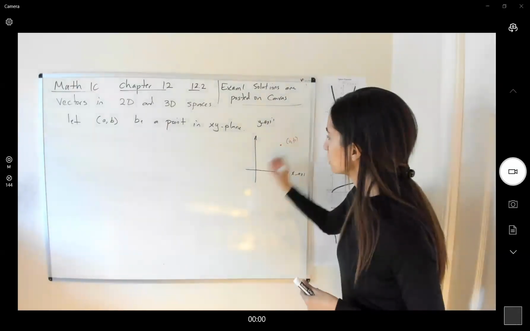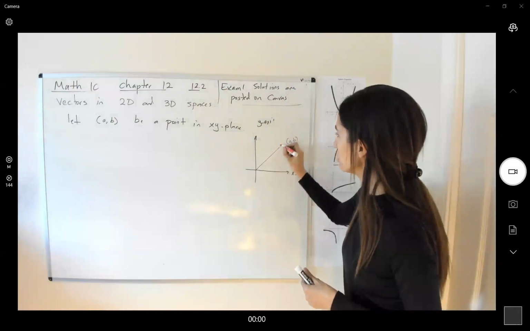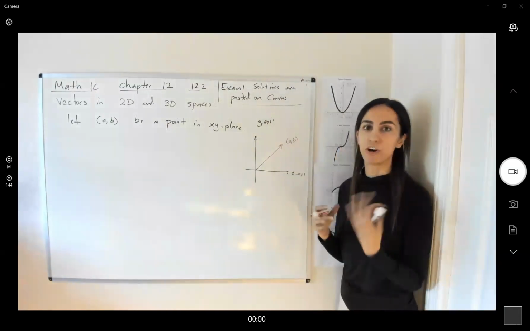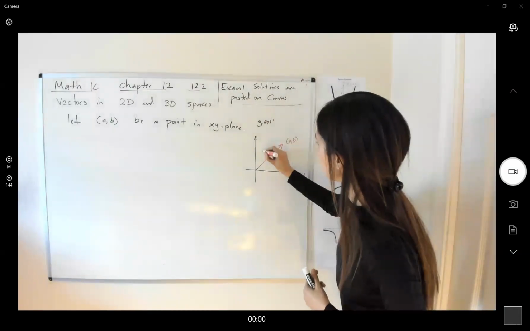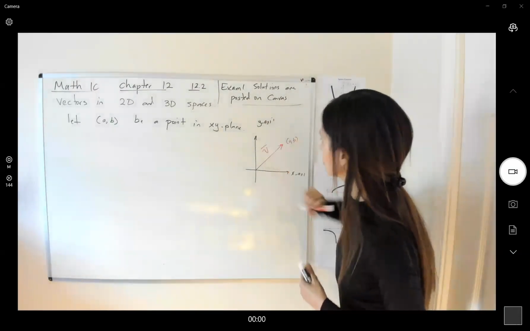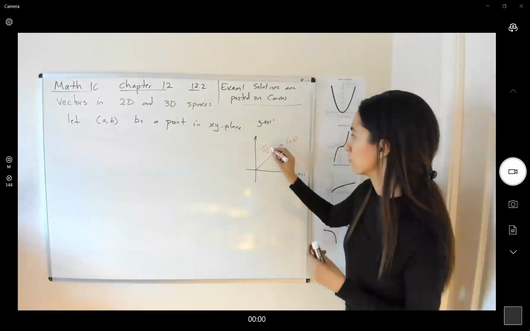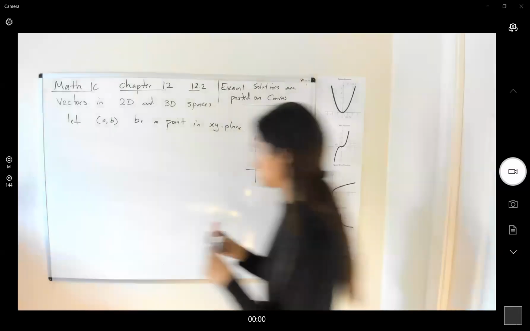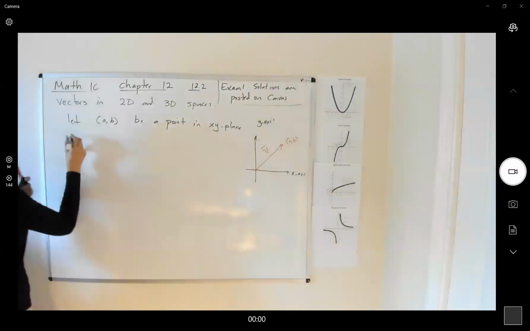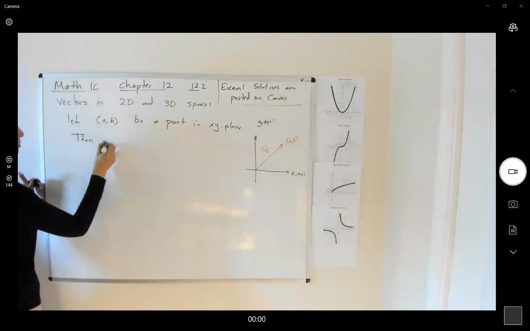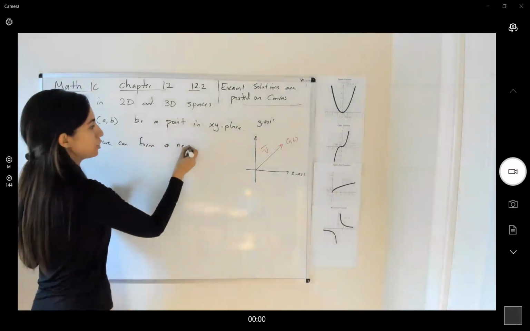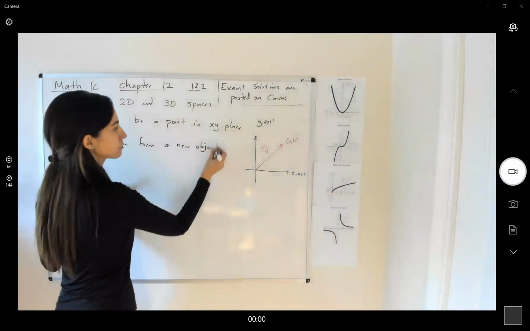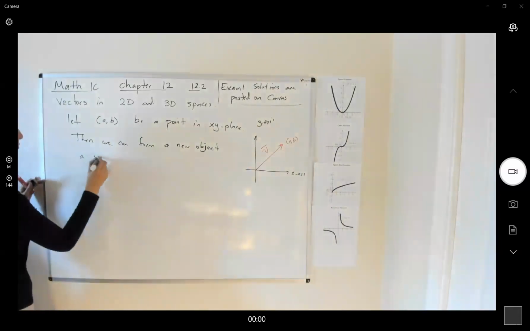We can connect this point to the origin and we define a new object that we call vector b. Usually we put a direction bar on b to show that we have a vector.